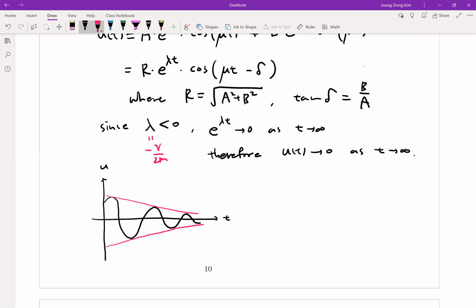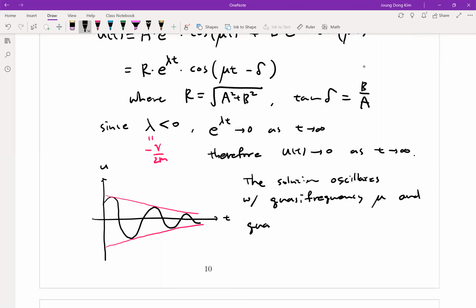So the solution oscillates with quasi frequency, which is mu, and quasi period, which is T_D, which is 2 pi over mu.